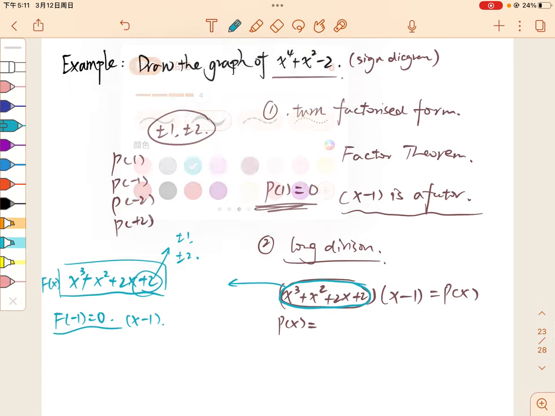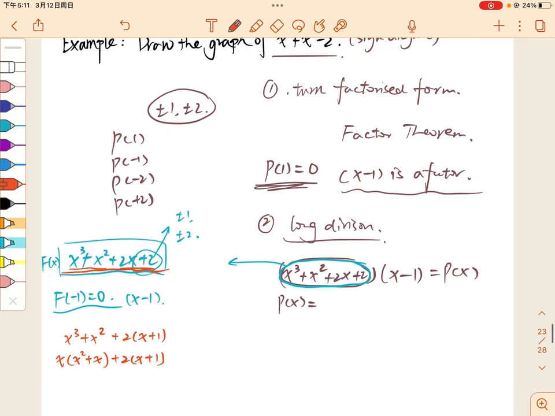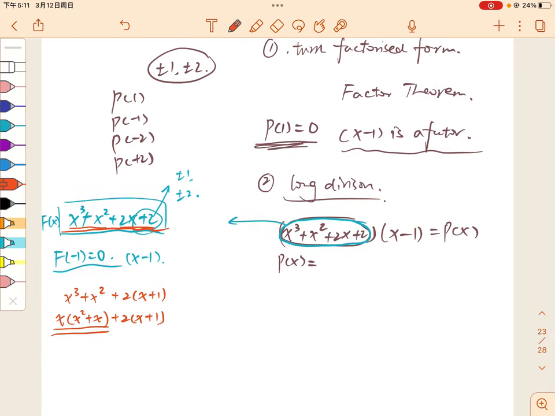Or there's another way. For this function, you realize that there are some similar terms between each of them. So x cubed plus x squared, you can have x outside, that gives you x squared plus x. And then plus 2 times x plus 1.